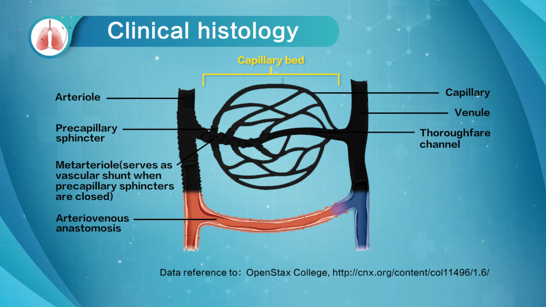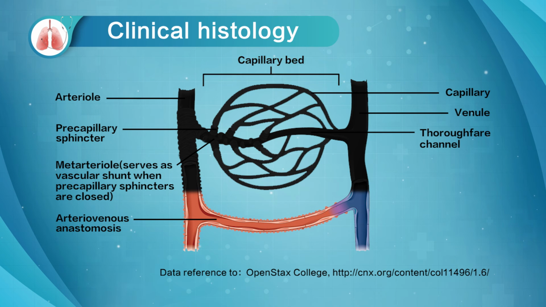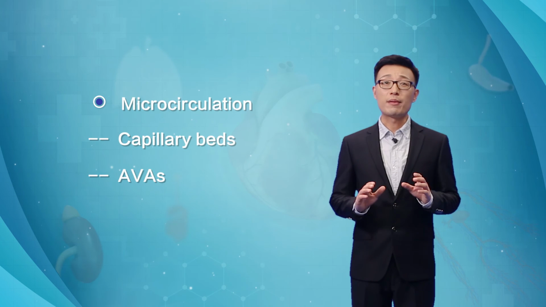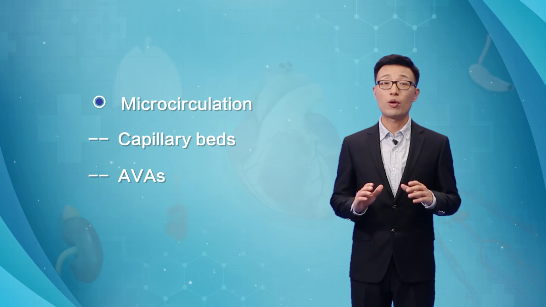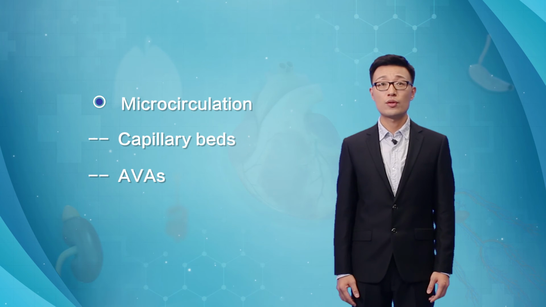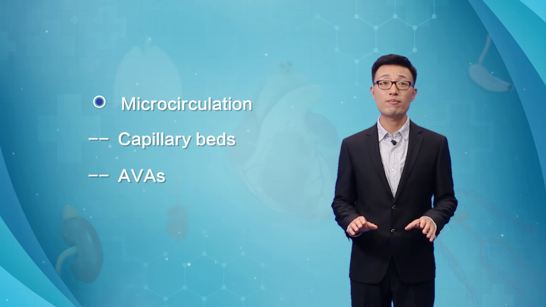When AVAs are closed, the blood will go through the capillary bed and finally into the venous system.